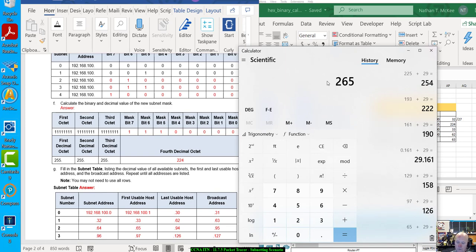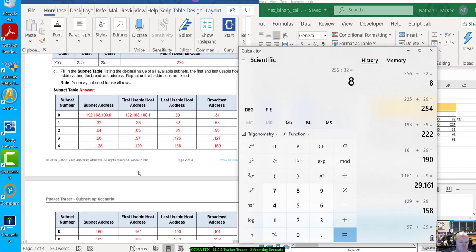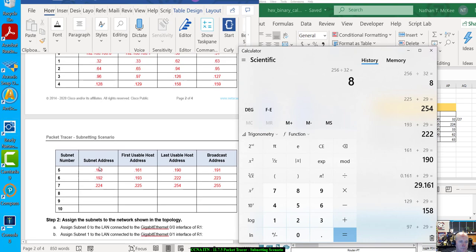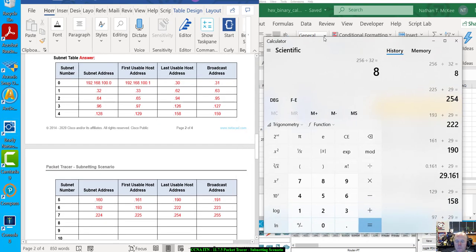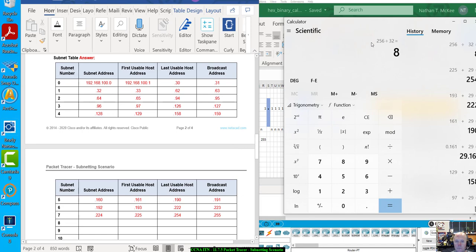If you did 256 total addresses divided by 32 possible addresses per subnet, that would give you 8 subnets. Divided by 32, 8 subnets, yeah, that's right, because first subnet 0, 1, 2, 3, 4, 5, 6, 7.